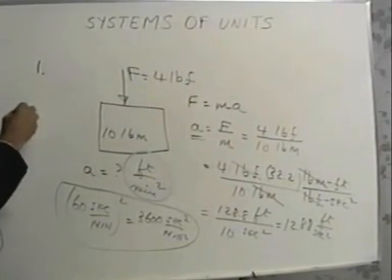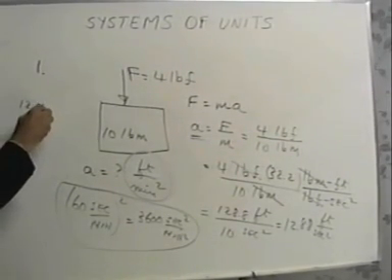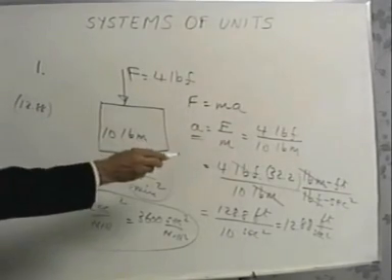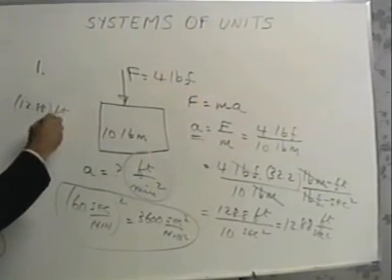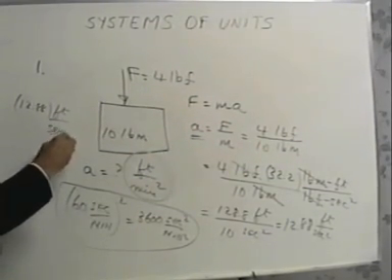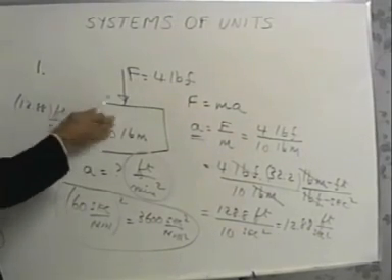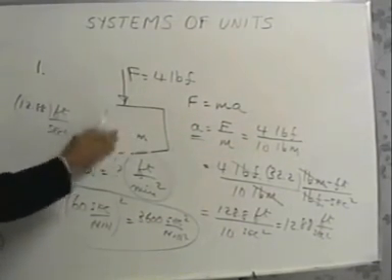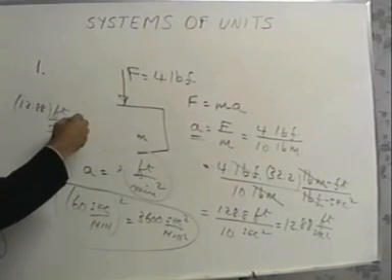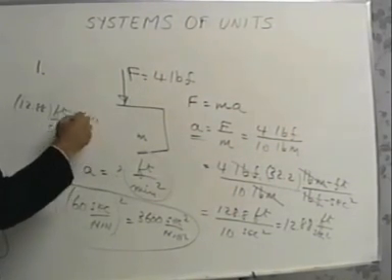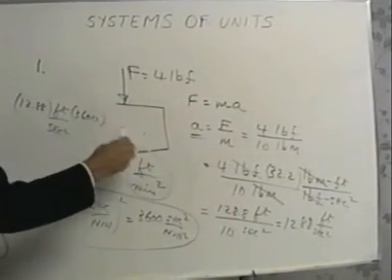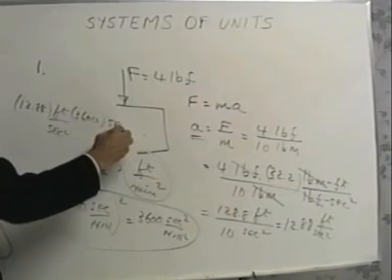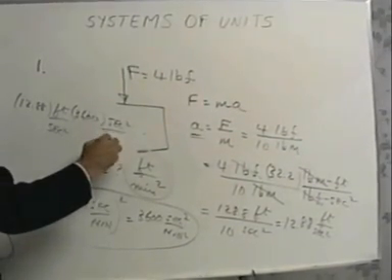So now we have 12.88. Those were feet per second squared. And then we plan to multiply that, I'll create some space over here, by 3,600, and the units would be seconds squared per minute squared.